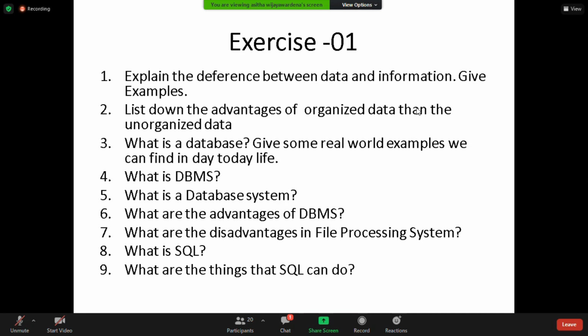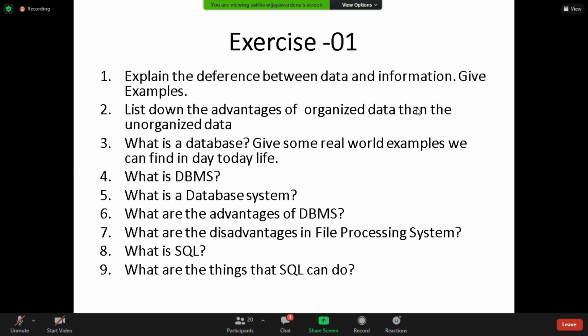File processing systems are not actually capable of quick responses. You always have to read and write. It's time consuming. What else have you written there? Low integrity. Yeah, what do you mean by integrity? Sometimes you may write the same thing in different places with different values.